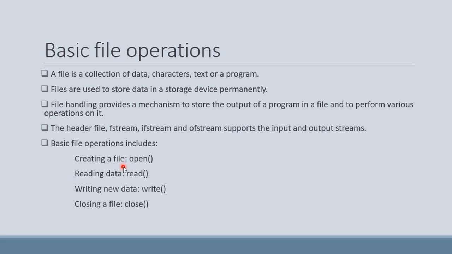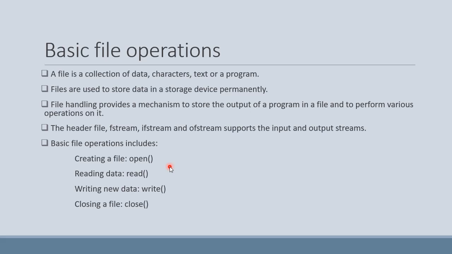Creating a file or opening an existing file can be done using the same syntax. If you use a syntax, say open myfile, then if there is a file named myfile, it will open. If there is no file named myfile, then the compiler will create a file and open it.